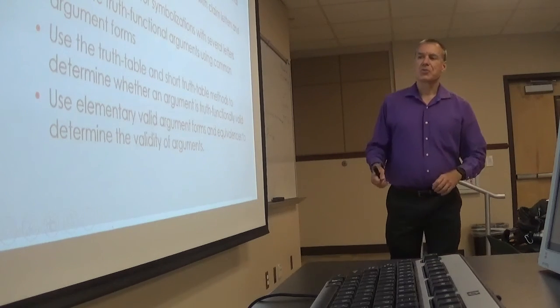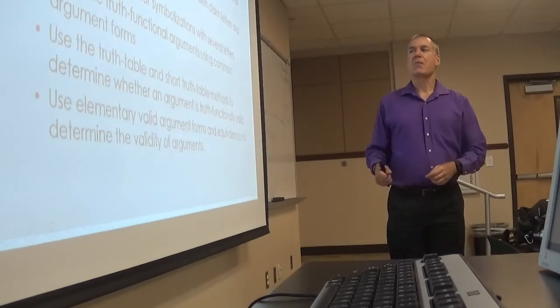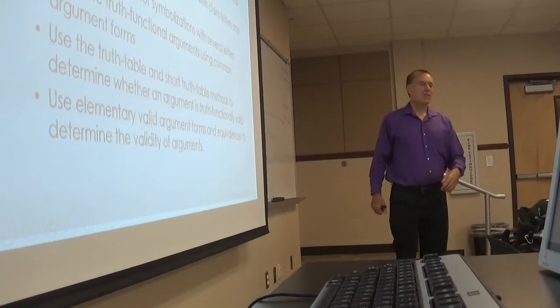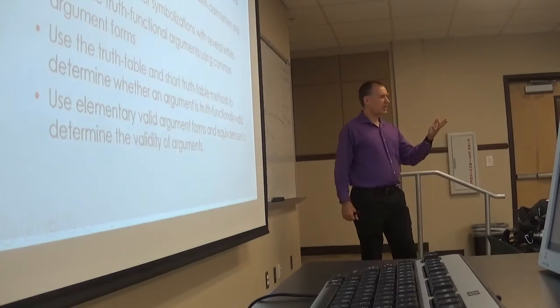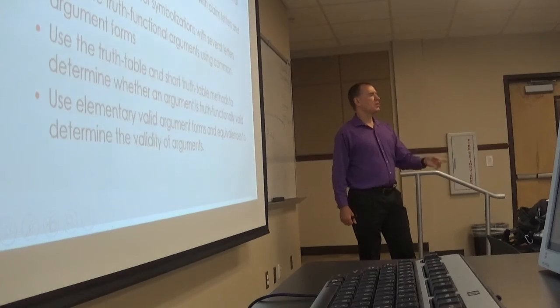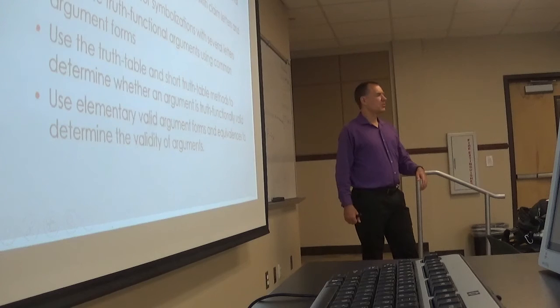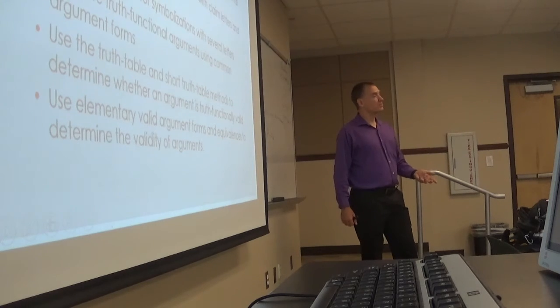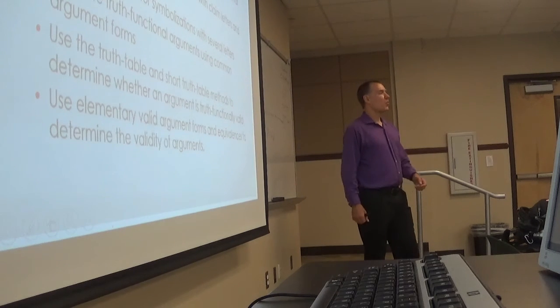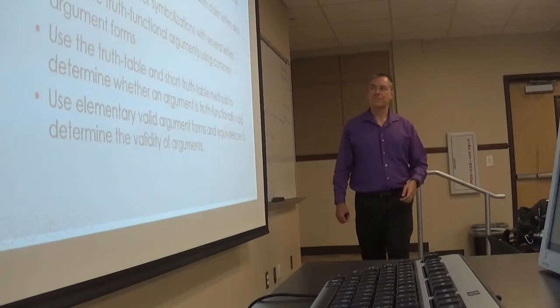Now, truth functional logic will be rather more complicated because instead of there being just 4 possible sentences, all S are P, some S are P, no S are P, some S are not P, there's potentially an infinite number. So going from 4 to infinity, quite an upgrade.